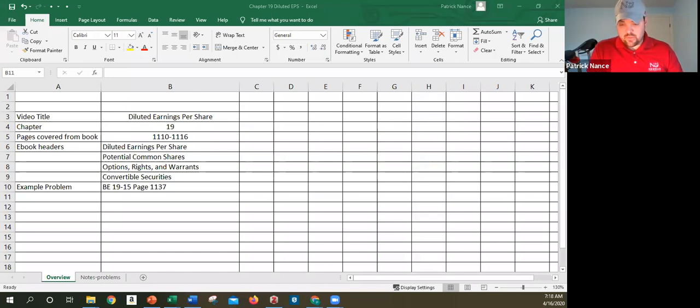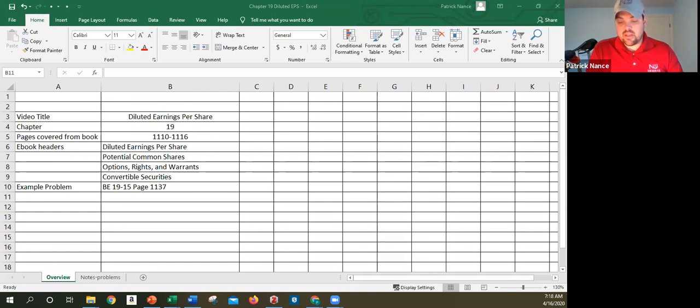On page 1111, it says securities like convertible bonds, not being common stock, may become common stock on exercise of their conversion. Therefore, they may dilute, and again, reduce the earnings per share, and are called potential common shares. A firm is said to have a complex capital structure if potential common shares are outstanding.